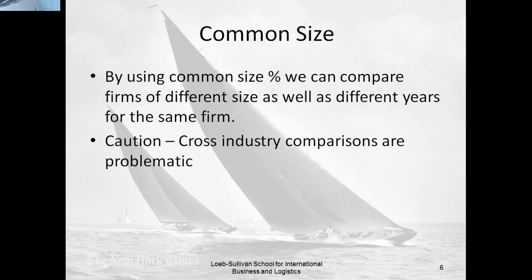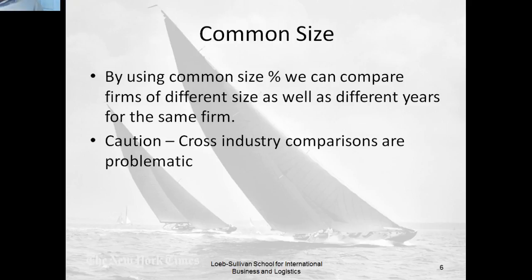You have to be very careful in using common sizes across industry because different industries are often so different that the comparisons don't mean much. So if you think about, let's say, software or railroads, trying to compare a railroad company to a software company is almost impossible on a common sizing basis.